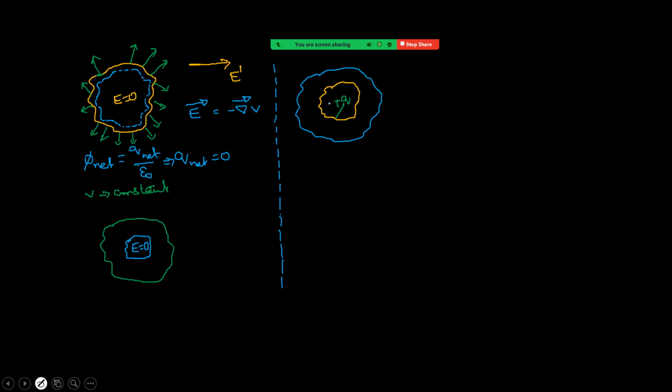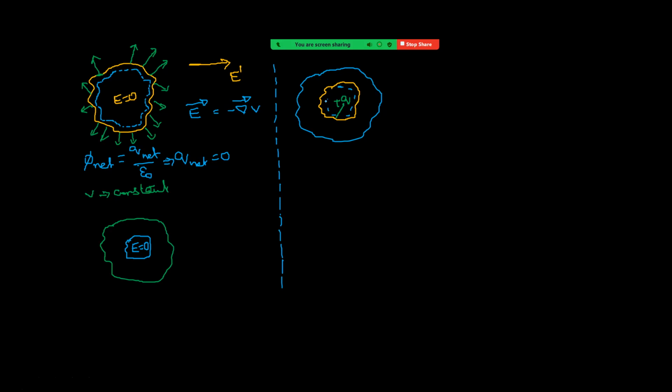I am repeating. Electric field lines start from a positive charge and end on a negative charge. So these field lines will terminate on the inner face of the cavity. Therefore, the inner face of the cavity becomes negatively charged.